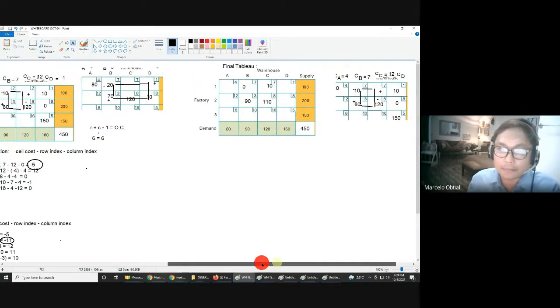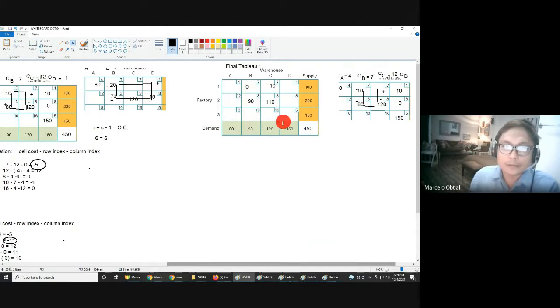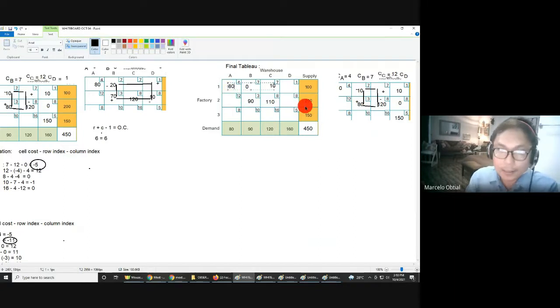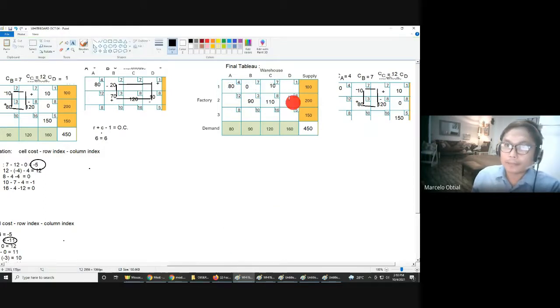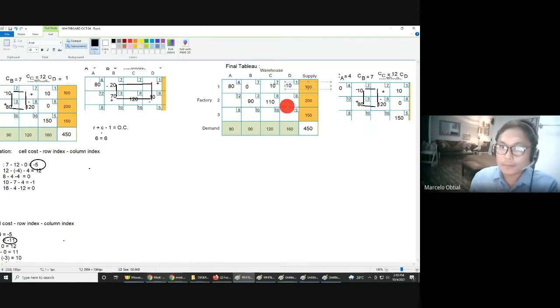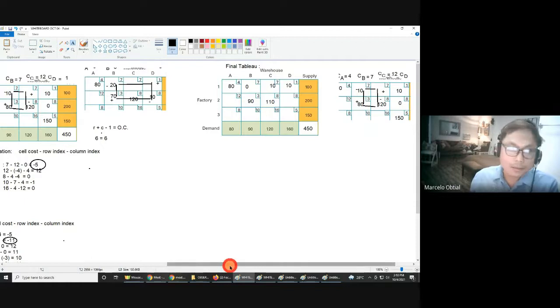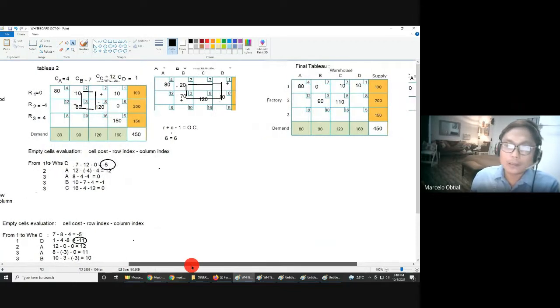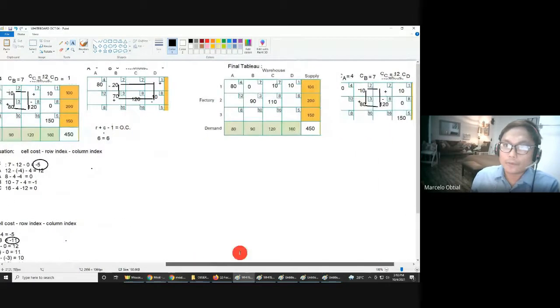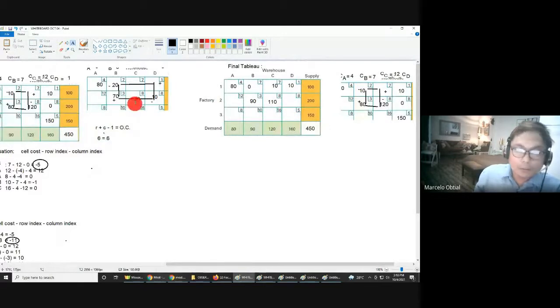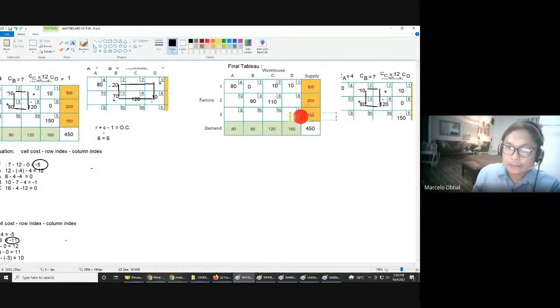So this negative 110 became positive. For the cells that were not touched, just copy. 80, then 10 here. Correct? And 80, then 150. As you can see, the 0 here will become empty.